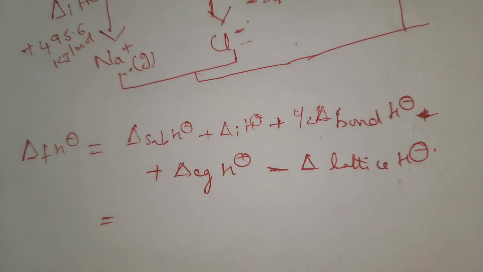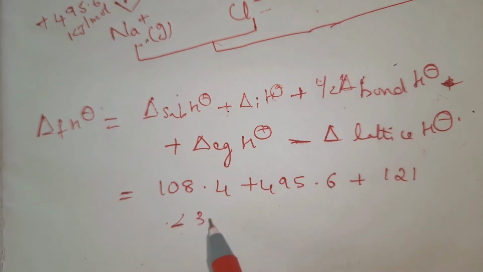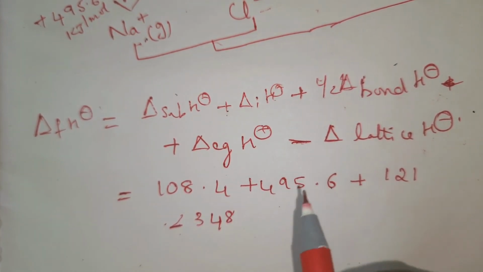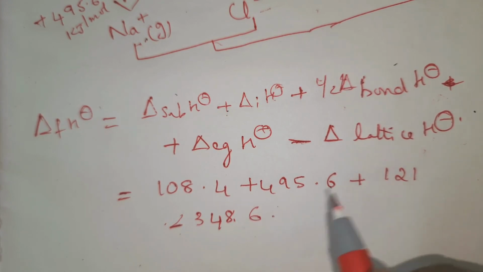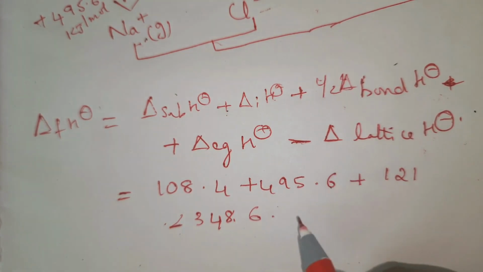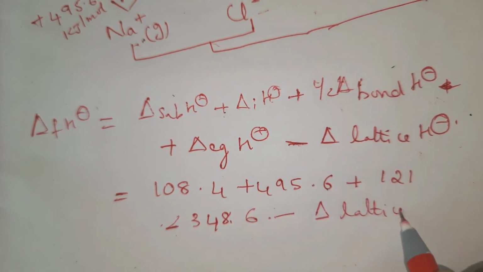Now you need to substitute these values: the value of sublimation, then ionization enthalpy, then half bond dissociation enthalpy, and then electron gain enthalpy, which is given as minus 348.6. Then you add minus delta lattice enthalpy.